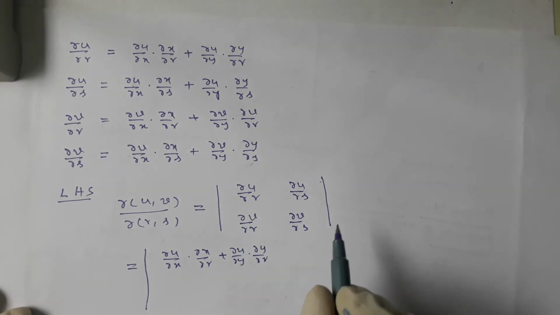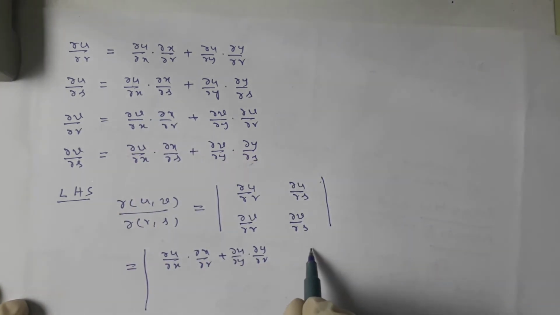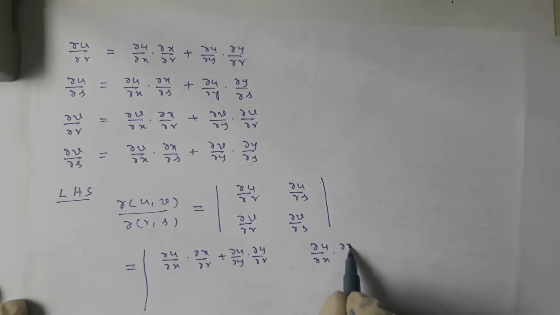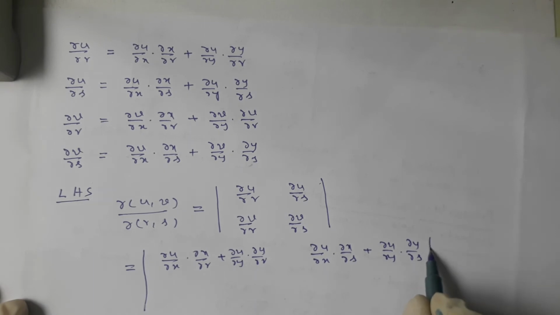This is the ∂u/∂r value. Similarly ∂u/∂s is ∂u/∂x into ∂x/∂s plus ∂u/∂y into ∂y/∂s.